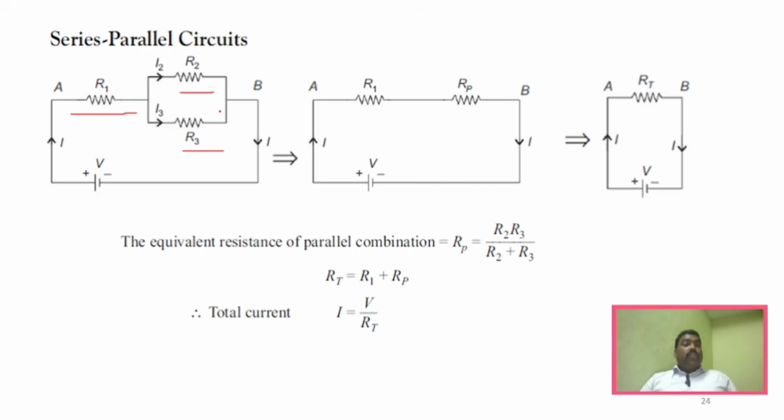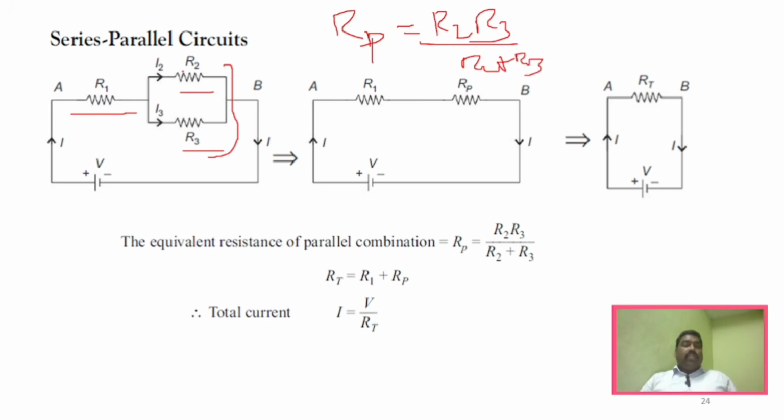So first I need to find out the parallel resistance, and then I have to add that resistance with this R1. So what is RP here? RP, you know the formula, is equal to R2 into R3 divided by R2 plus R3.